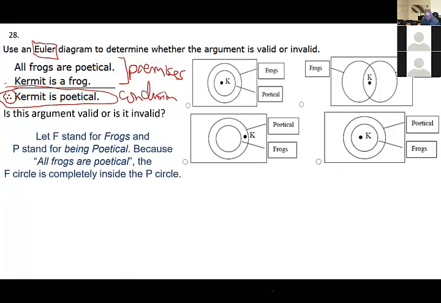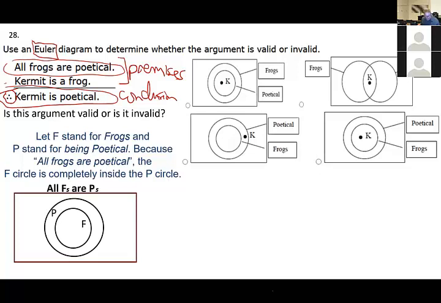So what I did is, you could write the words out, but I just used F for frog and P for poetical. And we're assuming that all frogs are poetical. So if you look at that in an Euler diagram, that means that the frog circle is inside the poetical circle. If all frogs are poetical, if you put all frogs inside the inside circle, they've got to be inside the poetical circle.